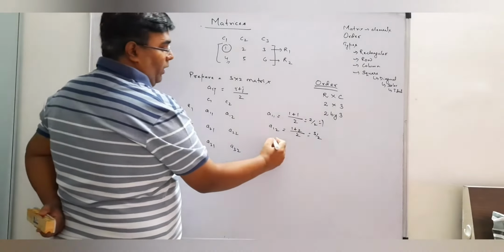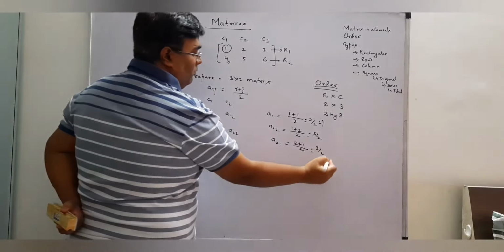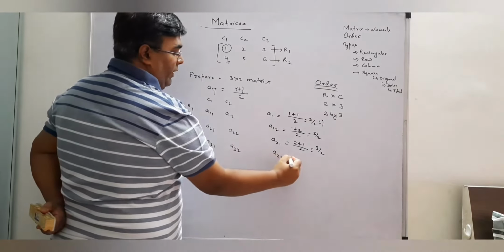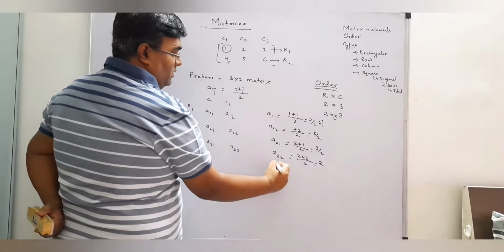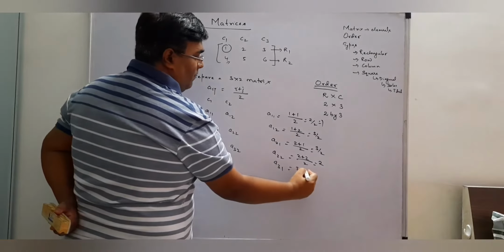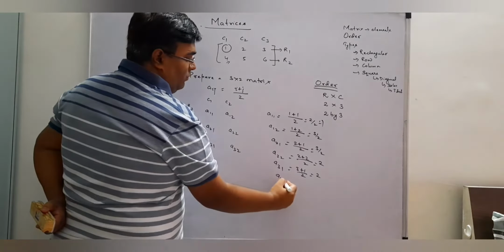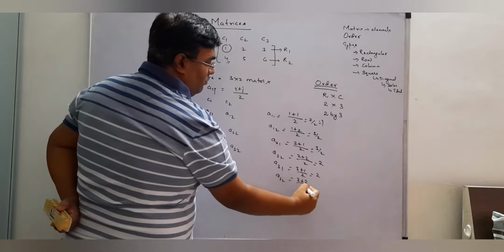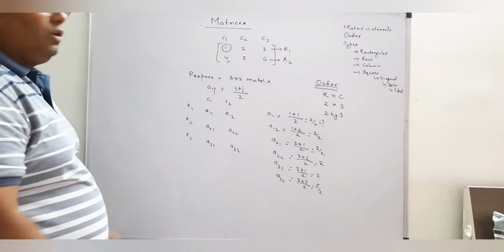A21 is (2 plus 1) by 2, also 3 by 2. A22 is (2 plus 2) by 2, which is 2. A31 is (3 plus 1) by 2, which is 2. A32 is (3 plus 2) by 2, which is 5 by 2. Clear? So we got all the numbers.